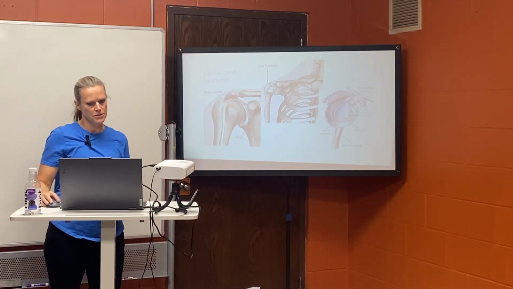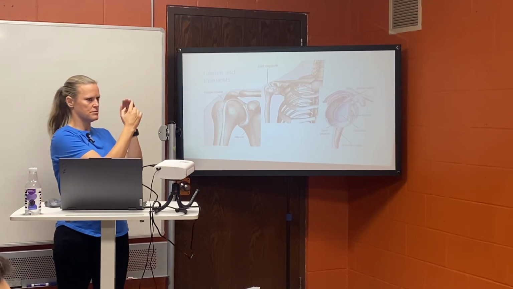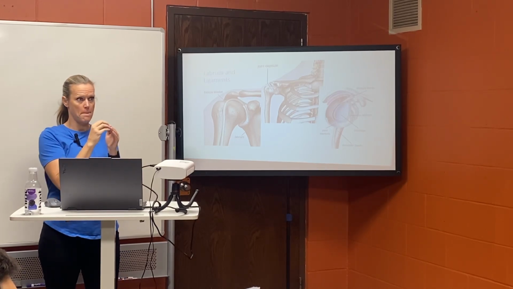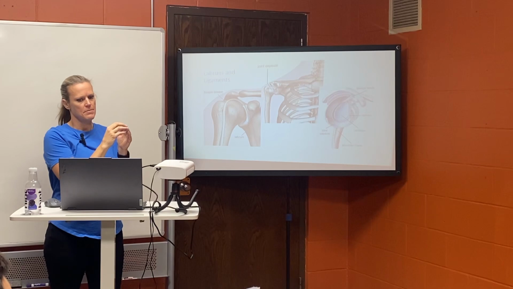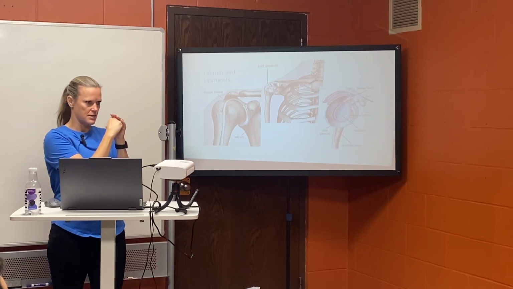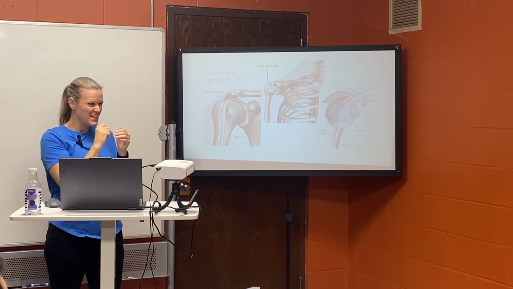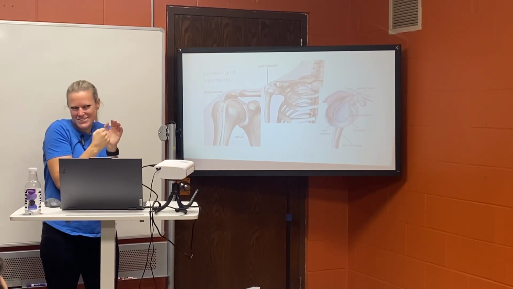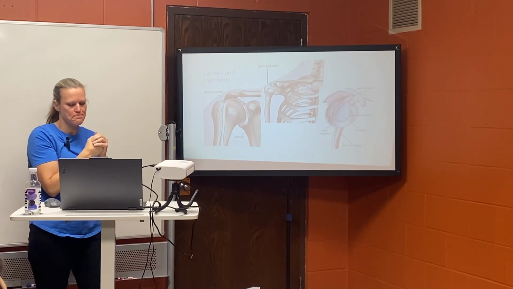If you look here, there's this little rim around it called the labrum. The labrum goes all the way around the socket, and it creates a little bit of a bumper, and it keeps that ball centered in the socket, right? But it's still a little golf tee with just a tiny little rim around it. So it gives us a little bit of stability, not a ton.